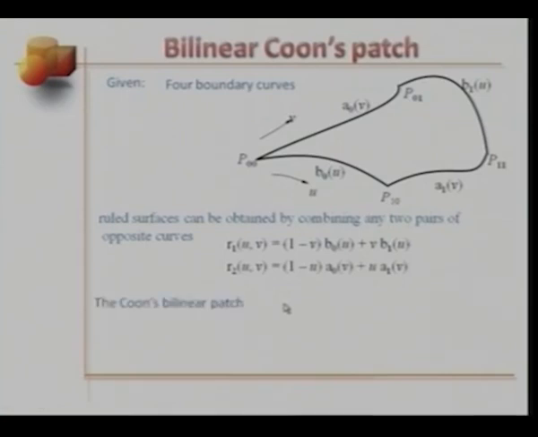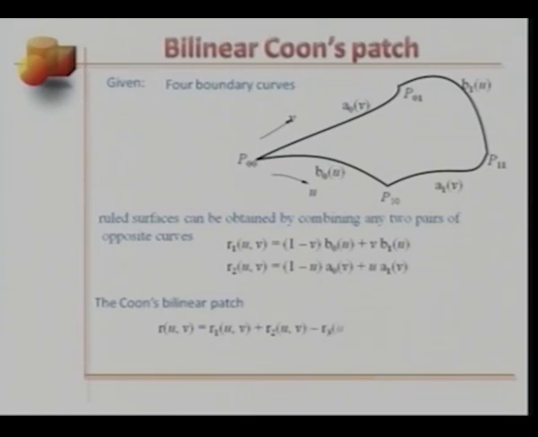The Kuhn's bilinear patch can be obtained by adding R1 and R2. R of uv equals R1 of uv plus R2 of uv.